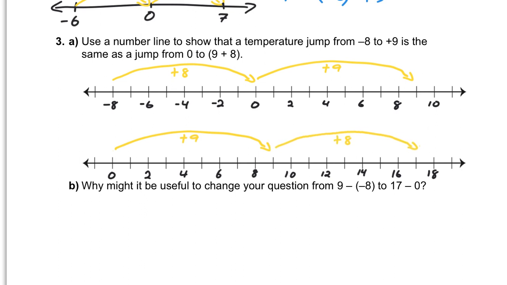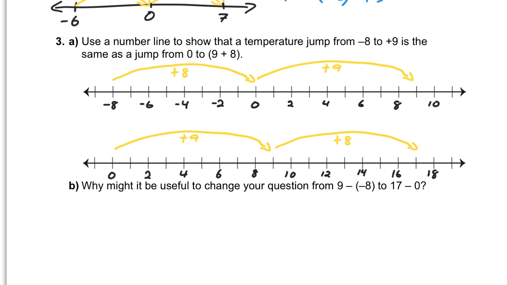And we can see that we have gone the same distance. We've gone the same distance from 0 to 9, right? All we've done is we've moved this distance from this side of the 0 to the positive side of the 0. So it's the same distance from -8 to 9 as it is from 0 to 17.